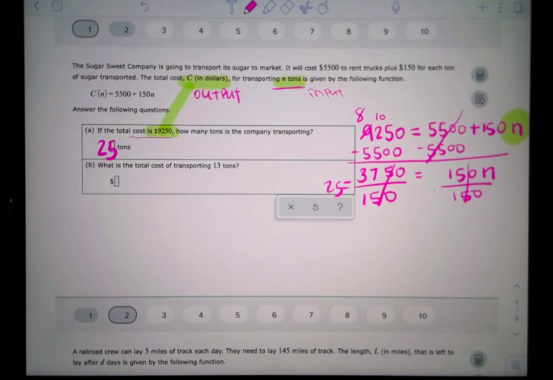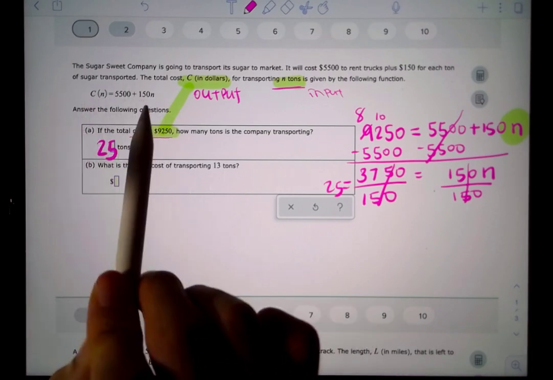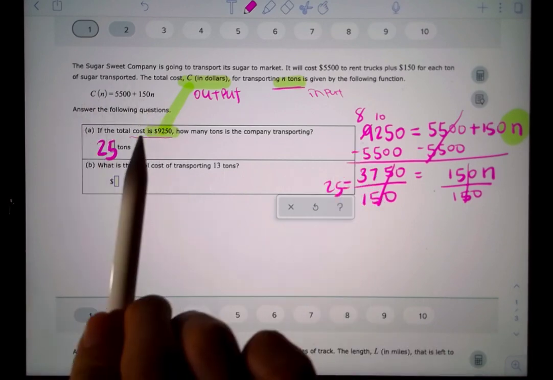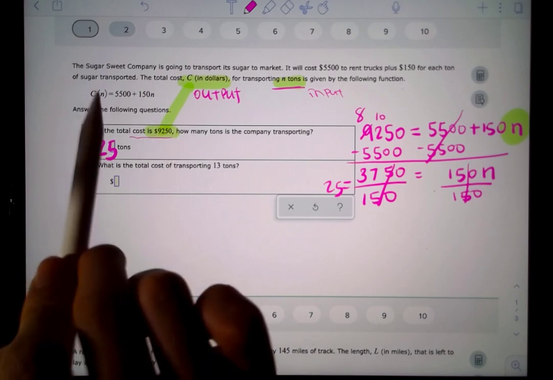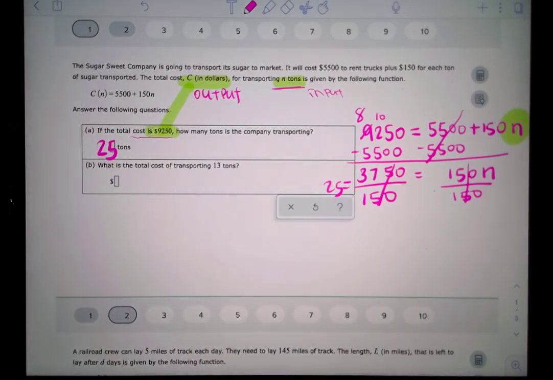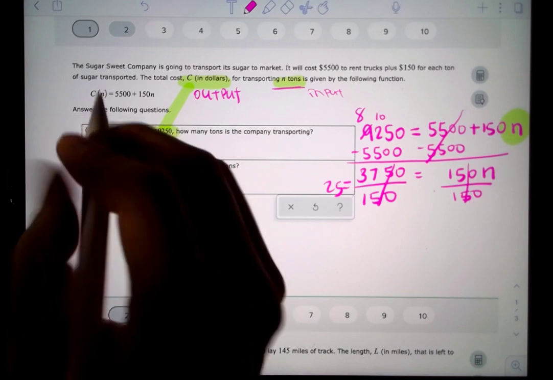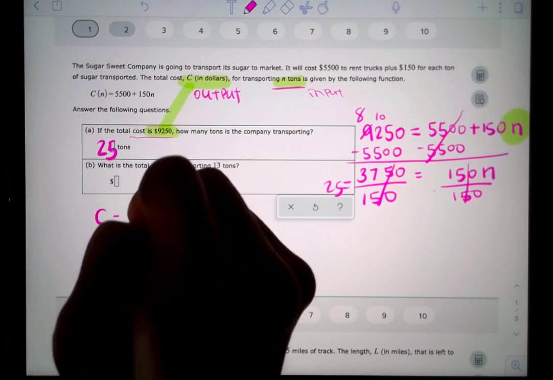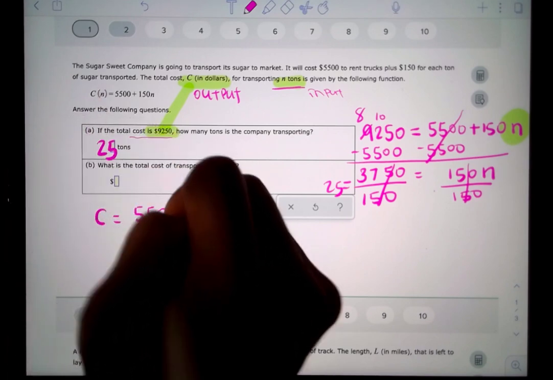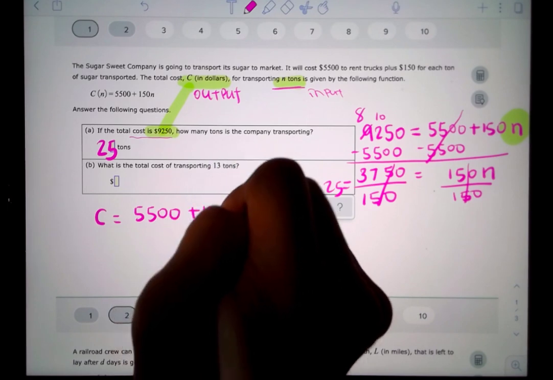So we have this original function, but you put 9,250 into C. If you get the inverse function, let's make it simple. C equals 5,500 plus 150n.